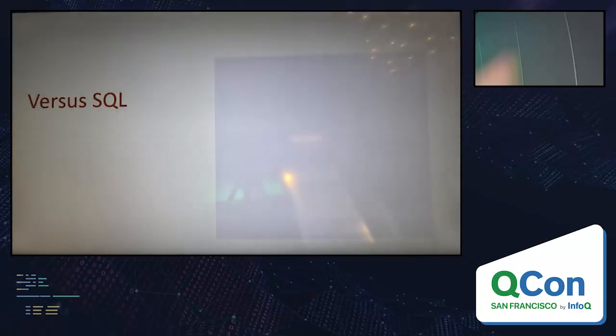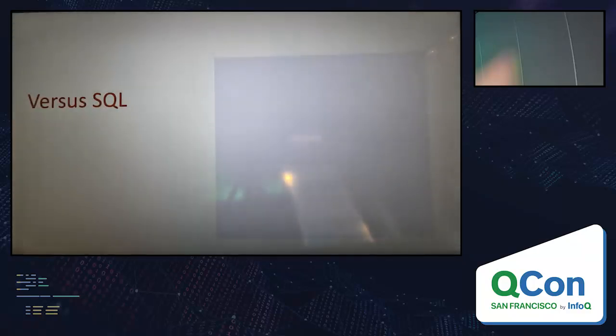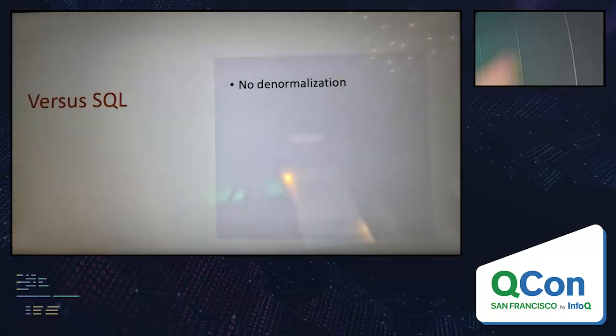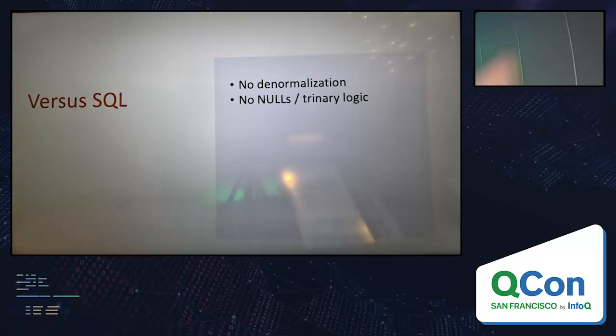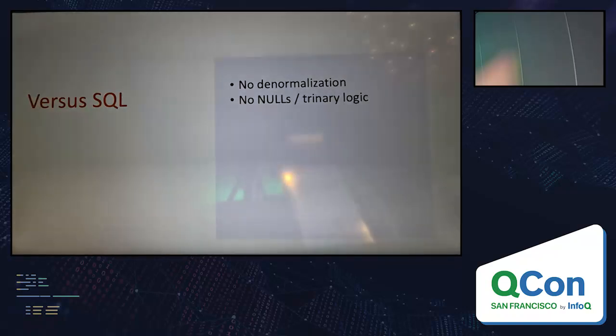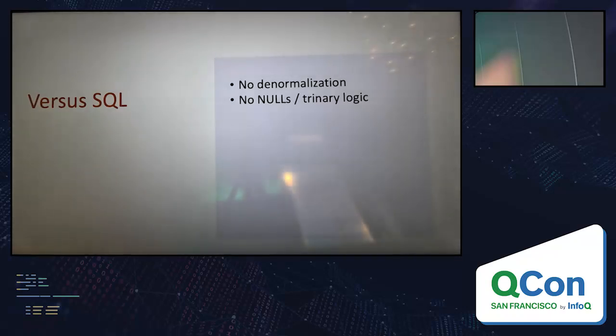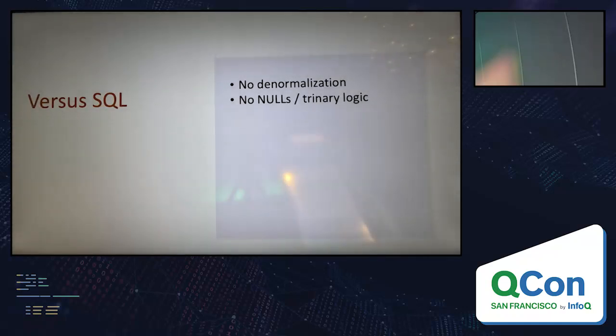So I want to do just a brief comparison walkthrough. So first of all, versus SQL, well, there's no denormalization. A graph is perfectly normalized. It is in fifth normal form, and you can't express denormalization. There are no nulls or trinary logic. Edges either exist or they don't. And if you introduce an unbound variable, we're going to force you to give it a binding.